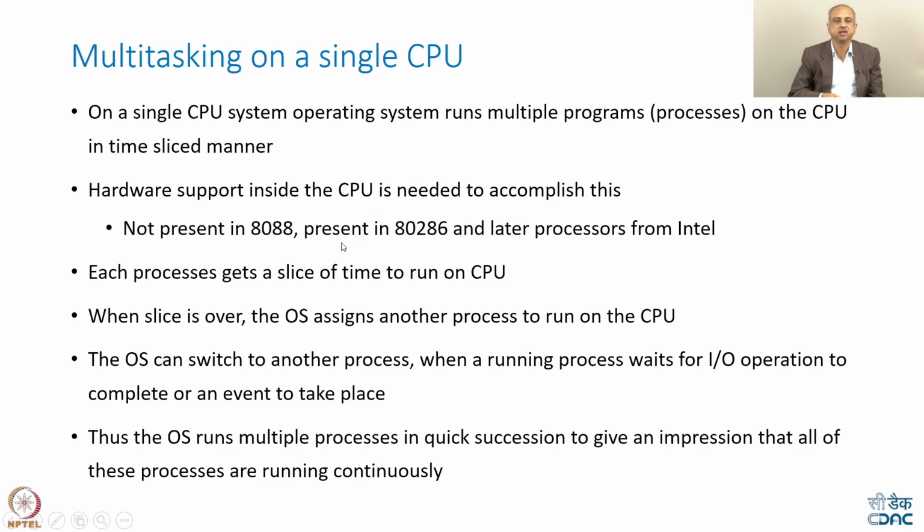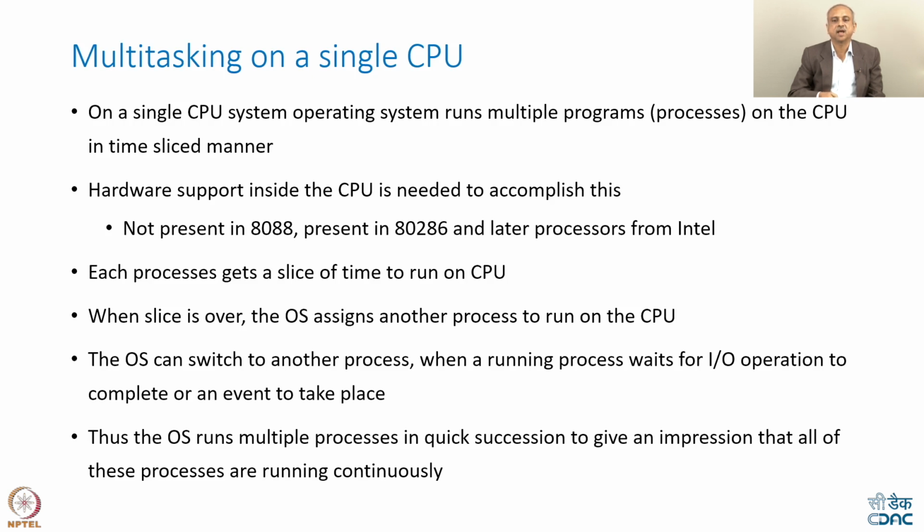So, as mentioned earlier, each process gets a slice of time to run on the CPU. When the slice is over, control comes back to the OS. Another process which is in the memory is then run.